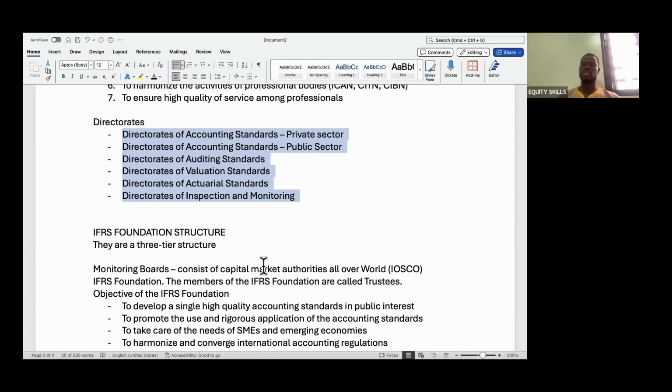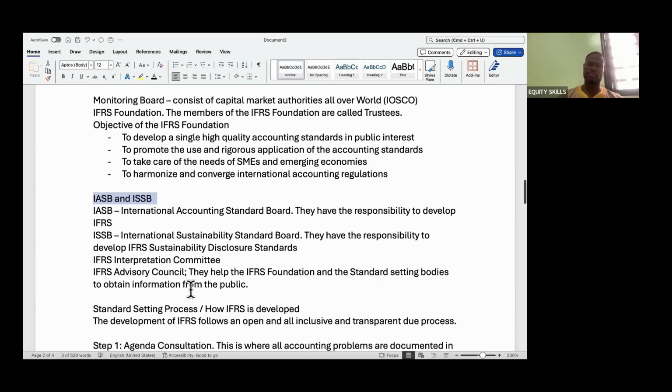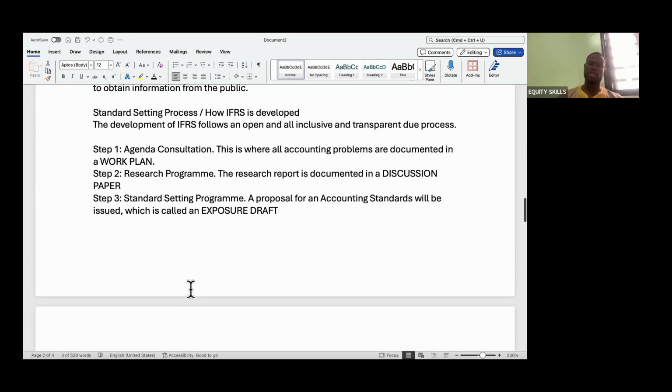I told you that it is a three-tier structure comprising the Monitoring Board, the IFRS Foundation, and the standard-setting bodies, which are the IASB and ISSB. I explained all the details of these bodies to you. And we ended the class with the standard-setting process, or how IFRS is developed.